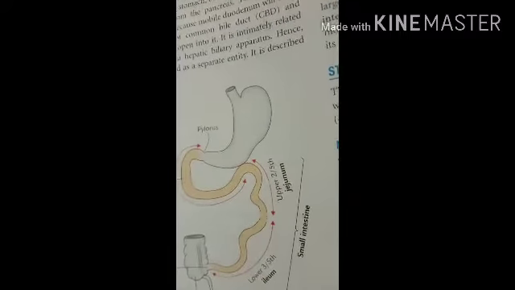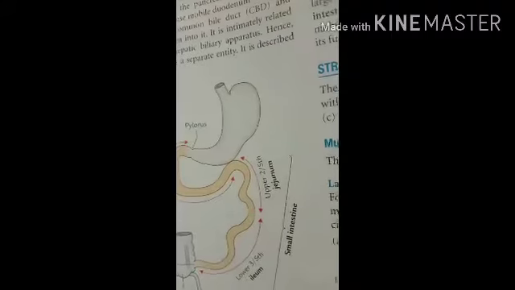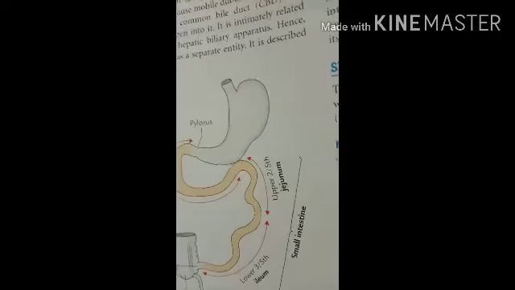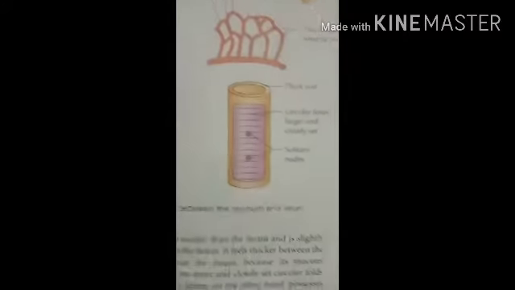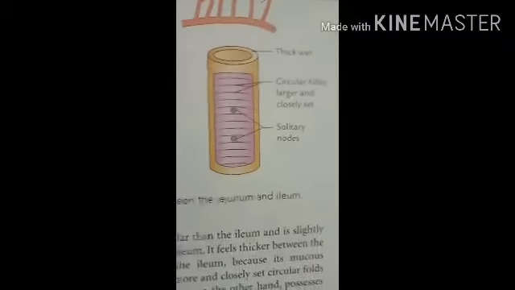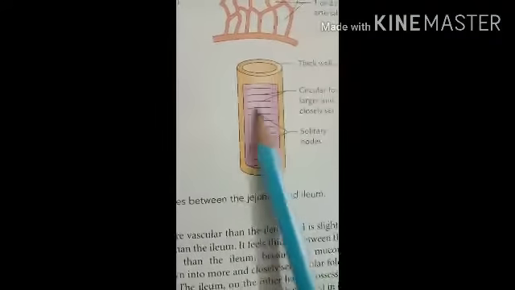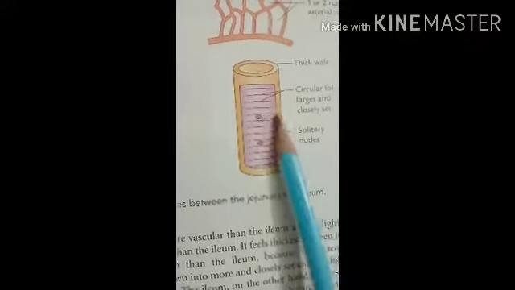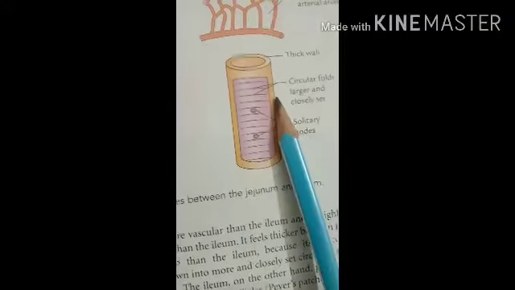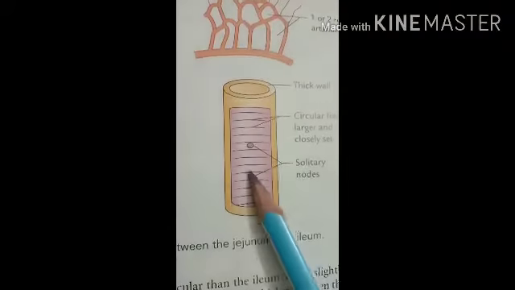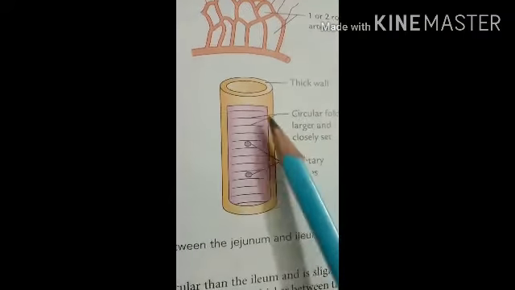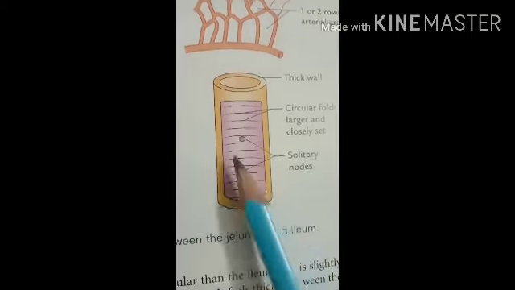After that we have to see the circular mucosal folds. So here in this diagram you can see the circular mucosal folds, that means the plicae semilunares. So these are the plicae semilunares, the circular folds of the mucous membrane.